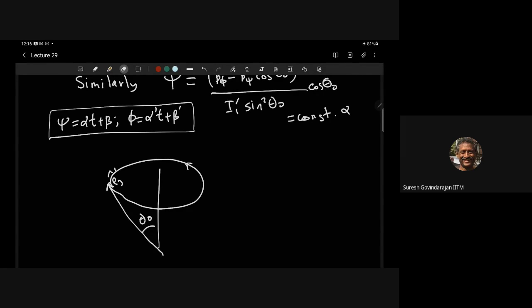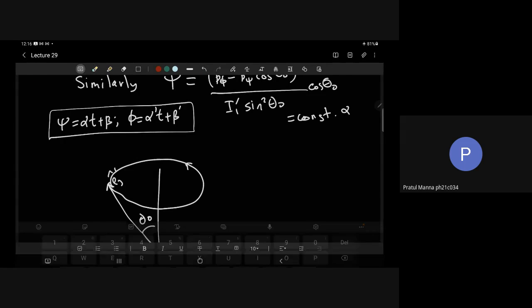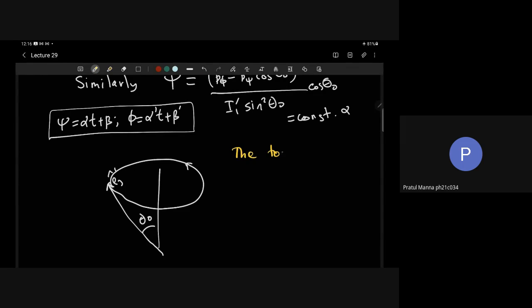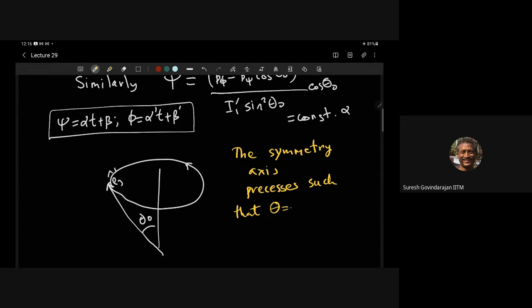So the conclusion is the top, the symmetry axis, that is the E3 axis, precesses such that theta equals theta naught, and the precession frequency is determined by phi dot or psi dot, but they are related to each other.